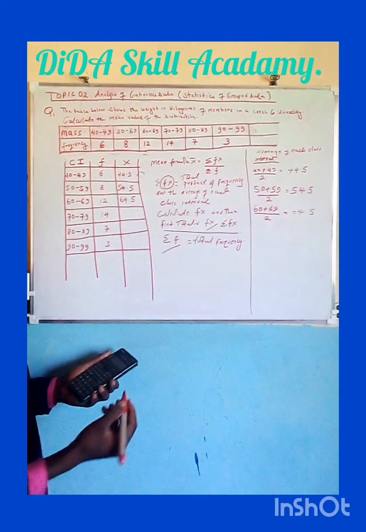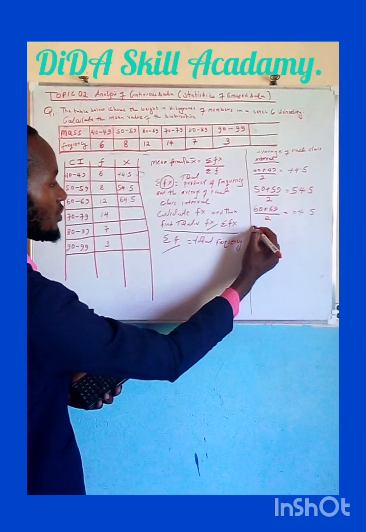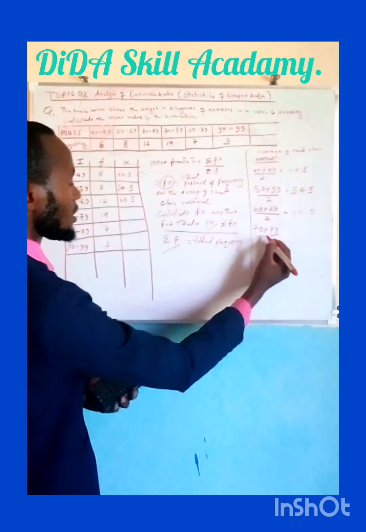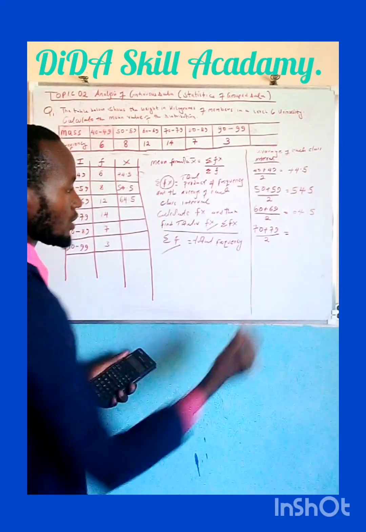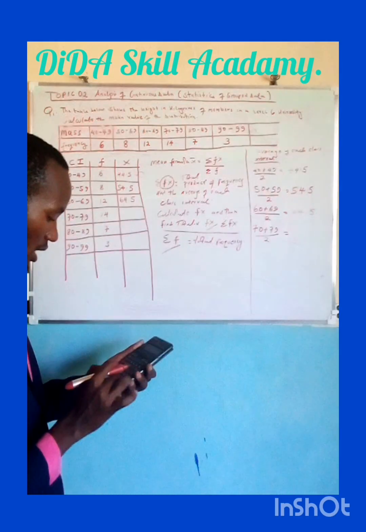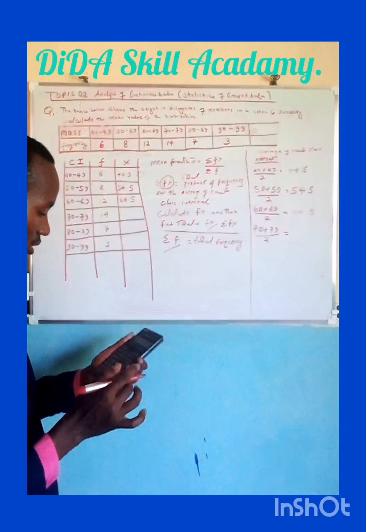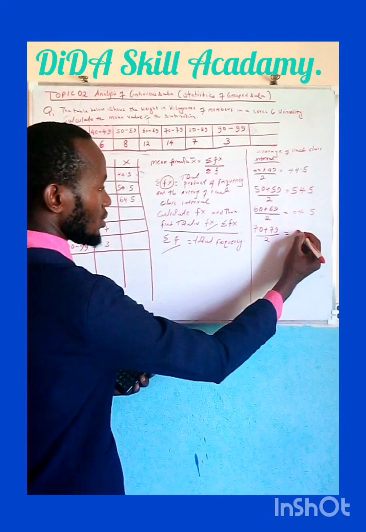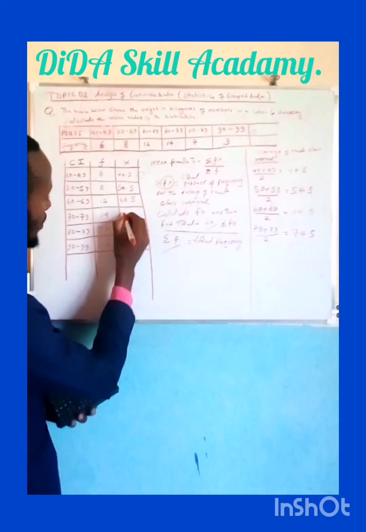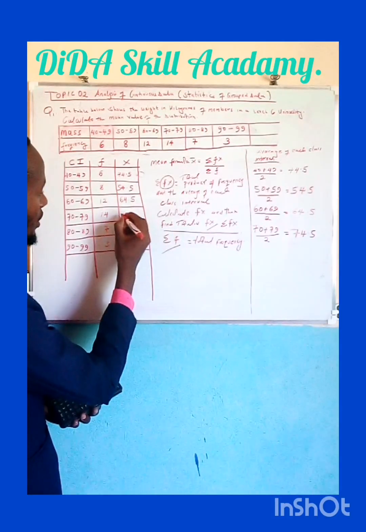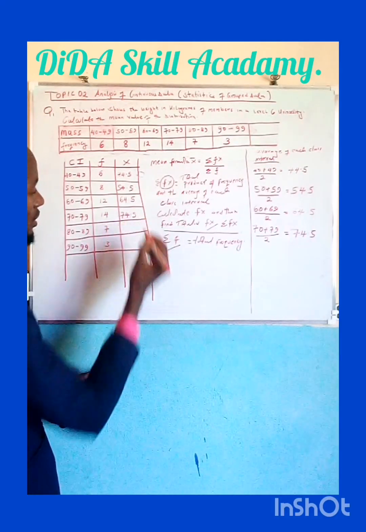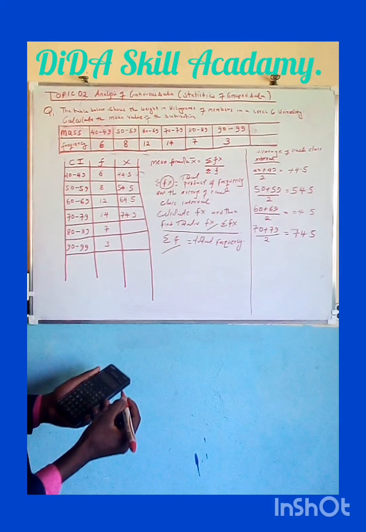Now for the class interval, we have 70 plus 79 divided by 2, which will be 74.5.